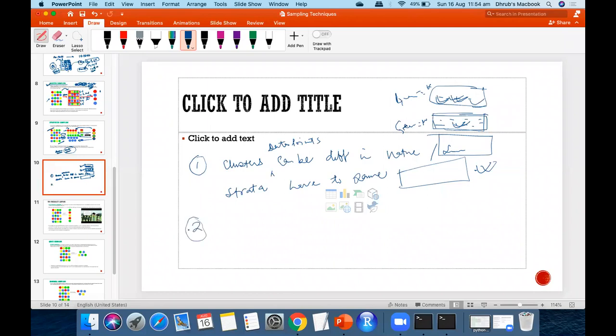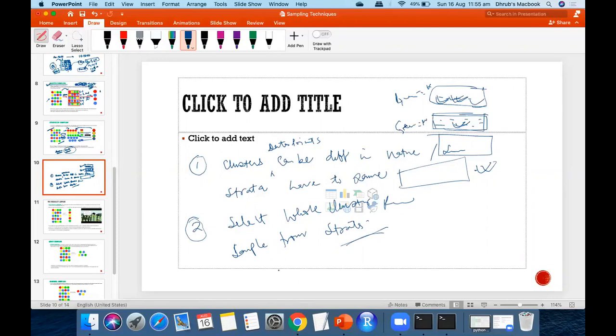Now the second difference here is, what is the second difference? There we used to select a whole cluster randomly, right? Here we sample from strata. Correct?